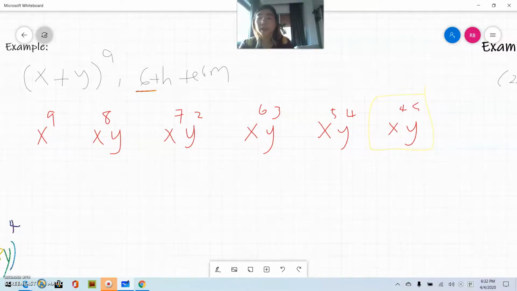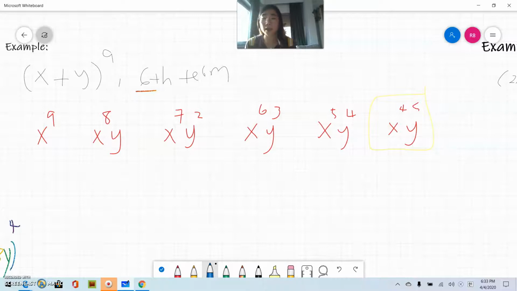So for the 6th term, obviously you can do the Pascal's triangle and figure out which one is the 6th number in that row. But unless you already have a written Pascal's triangle, this can be a little bit of work. So the mathematicians figured out that the coefficients you get from Pascal's triangle are actually the same as the binomial theorem, which is the combination.